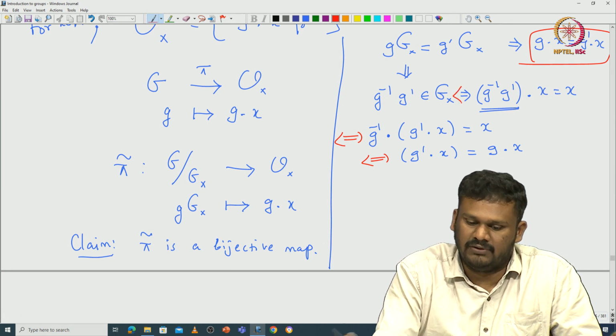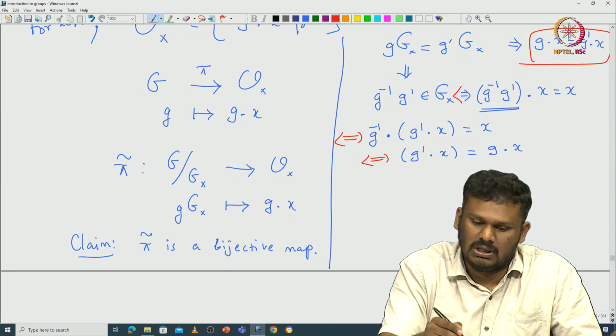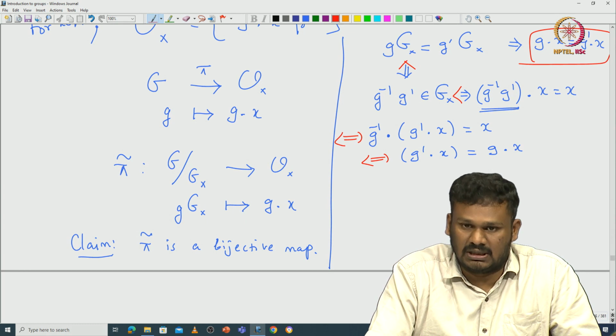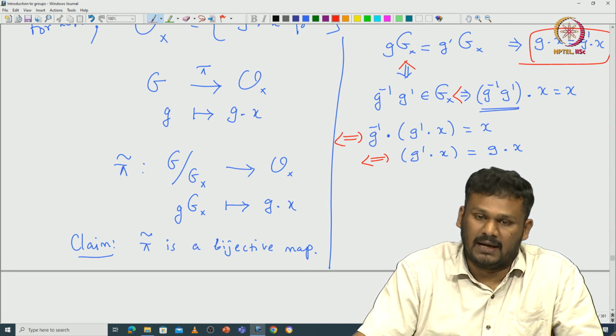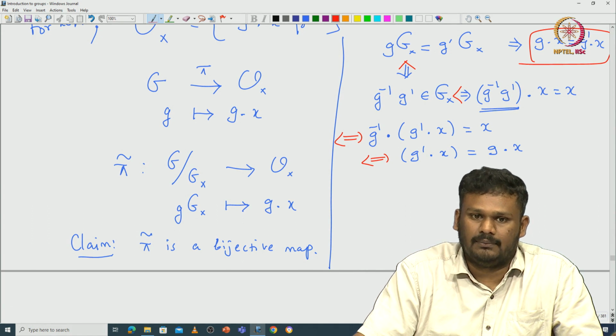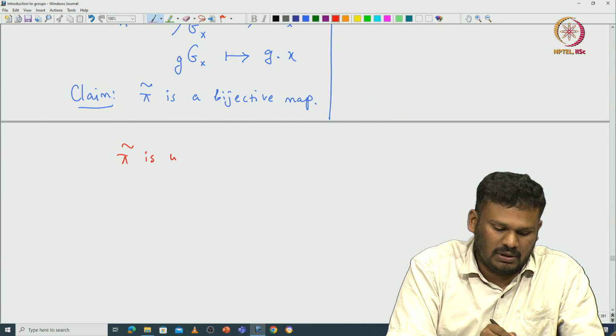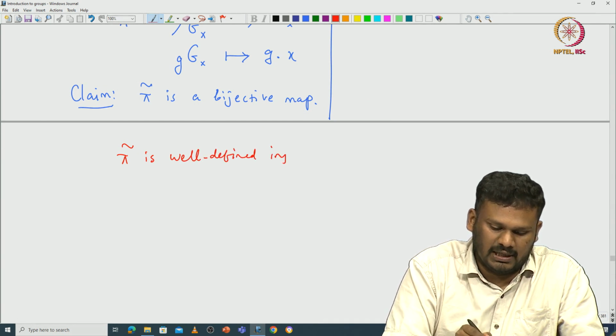That means if and only if g inverse g' is an element of Gx. That is if and only if the left cosets associated with g and g' are equal. So that proves this map is indeed injective. This proof tells you that pi tilde is not only well defined, it is a well defined injective map.